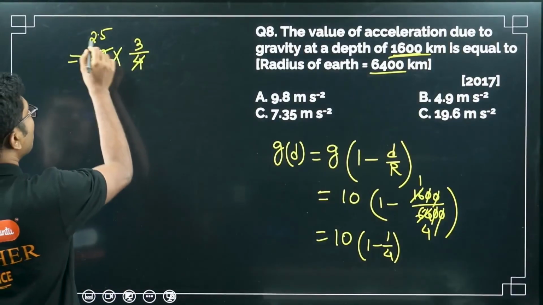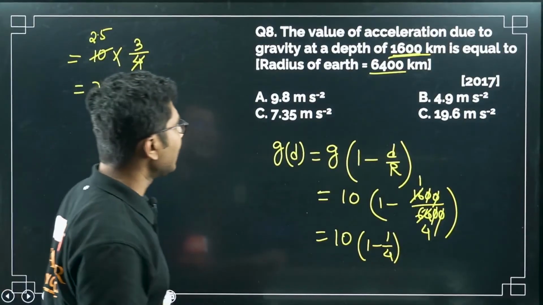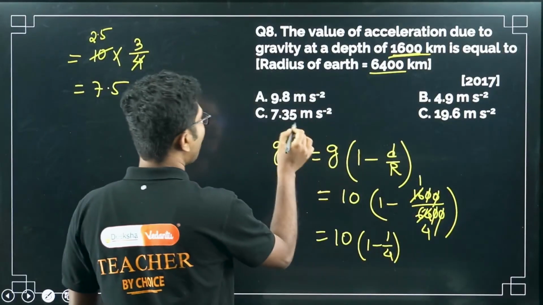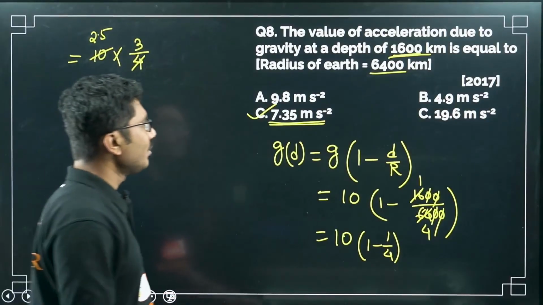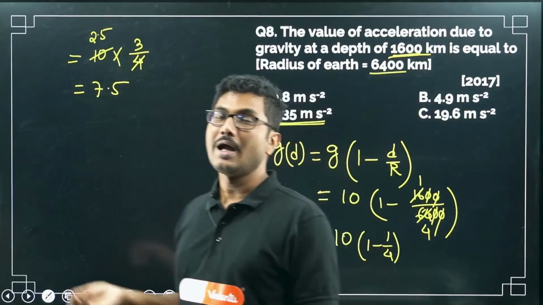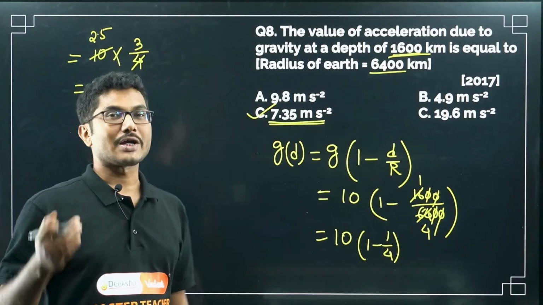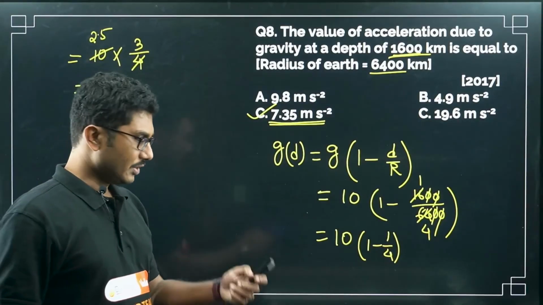So it will be 2.5 times 3, that is 7.5. Now let's see which one is the closest answer. The obvious candidate is 7.35, right? So I can easily say this is the correct answer, because we have assumed 10 and our answer is 7.5, so the actual answer should be slightly lower than 7.5, so it will be 7.35, right?